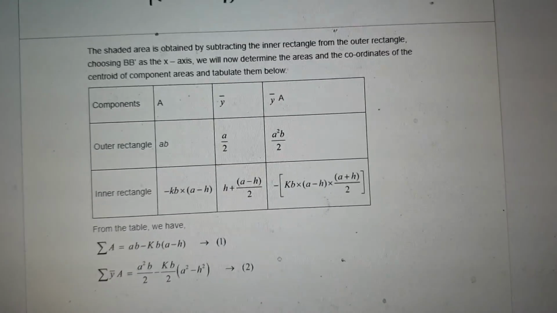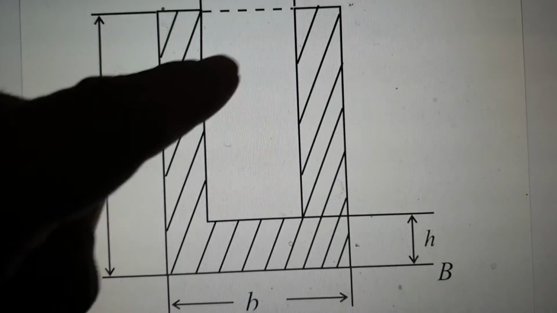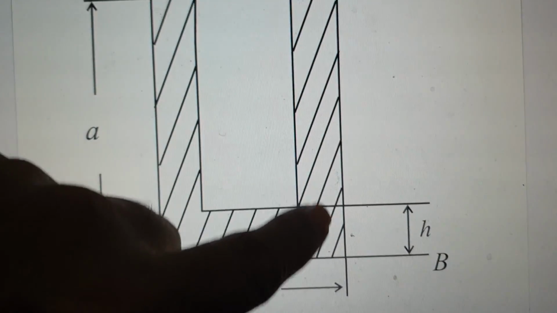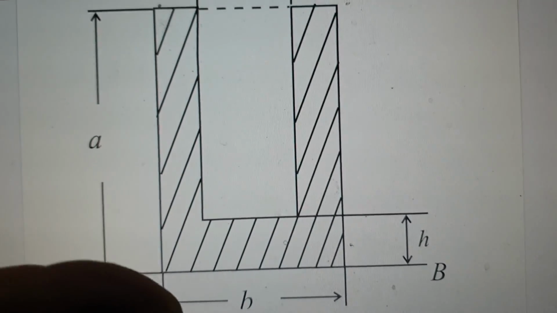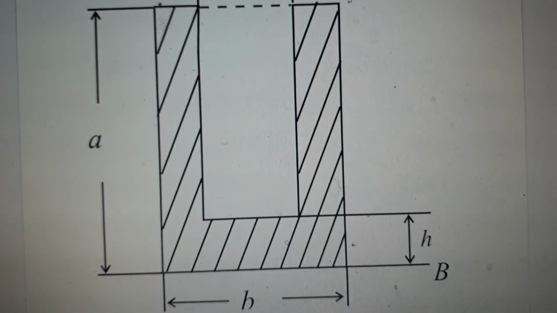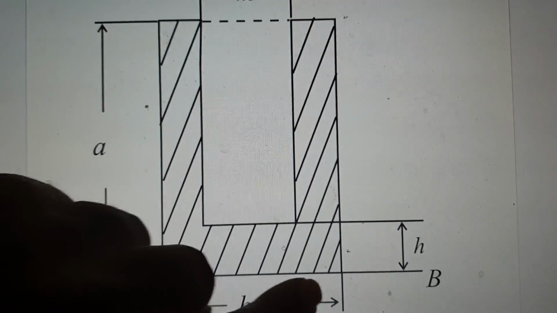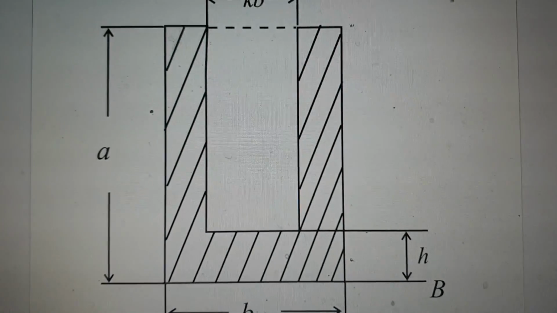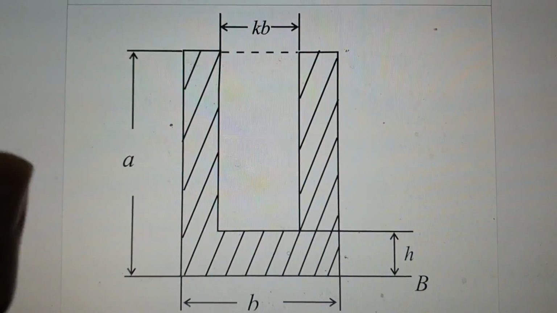Okay? So the outer rectangular is this huge shaded area. Because for this type of questions, I'll take the whole rectangular, and I'll subtract the open space from it.